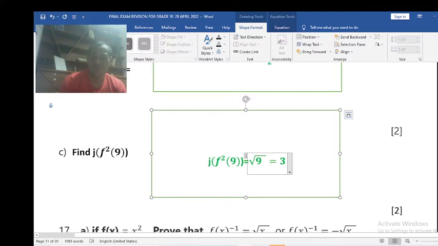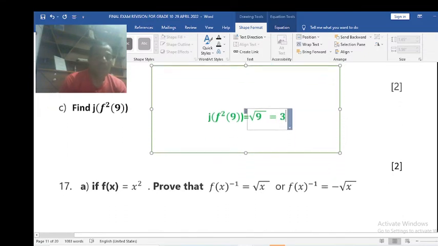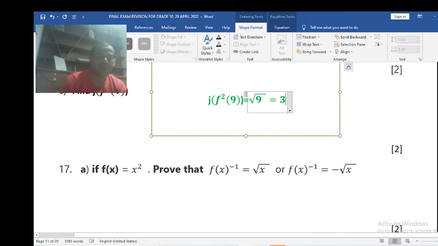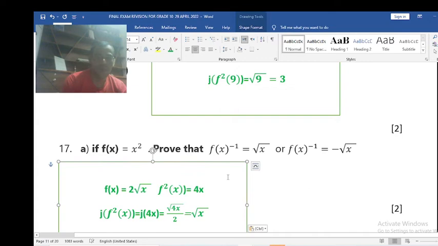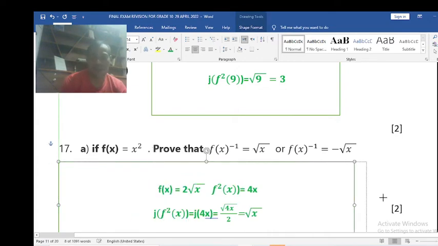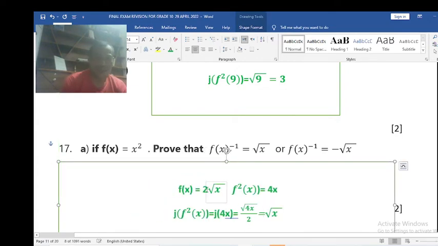The next: if f of x equals x squared, prove that f minus 1 of x is the square root of x or negative the square root of x. So I will make a copy here. We told f of x is equal to x squared.